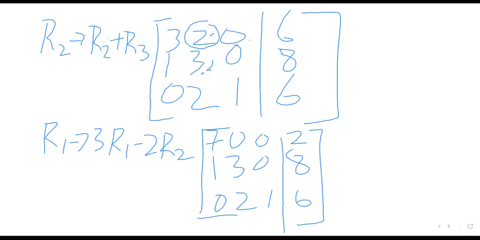Now, I've been able to change this 3 to 0, as you can see here. So now my focus is to change here also to 0. Right? How do I do that?